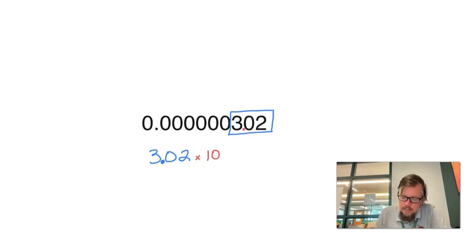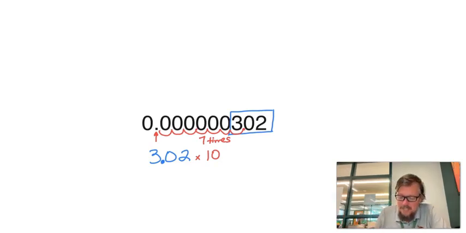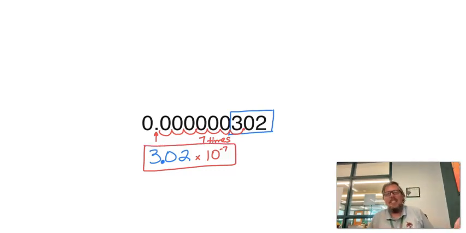How many times do we have to move it to get it back to the original spot? Let's count. 1, 2, 3, 4, 5, 6, 7. 7 times we had to move the decimal. Again, there are 6 zeros, and we had to move the decimal 7 times. So our power is going to be to the -7th, because that's how many times we move the decimal point. So -7 means decimal point, 6 zeros, and then our number.